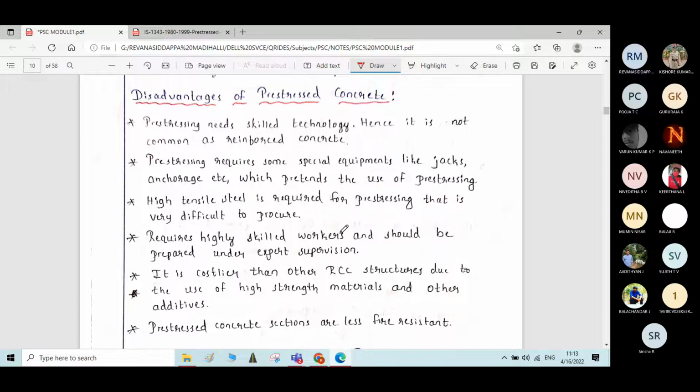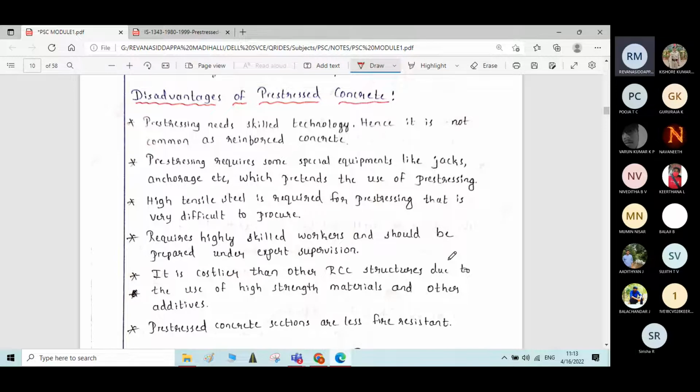Then the next disadvantage: high tensile steel is required for prestressing. That is very difficult to procure. It is costlier than normal reinforcing steel. These high tensile tendons or cables have a higher cost compared to the normal reinforcement used for RC structures.